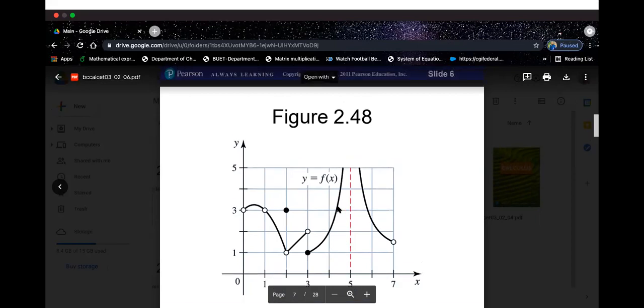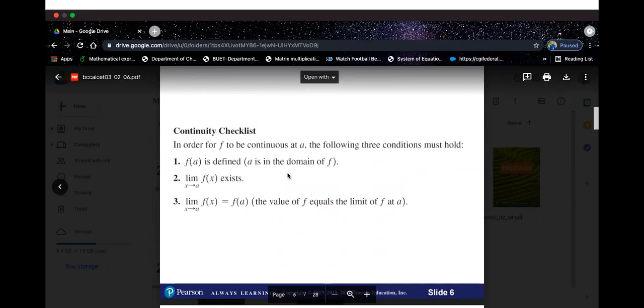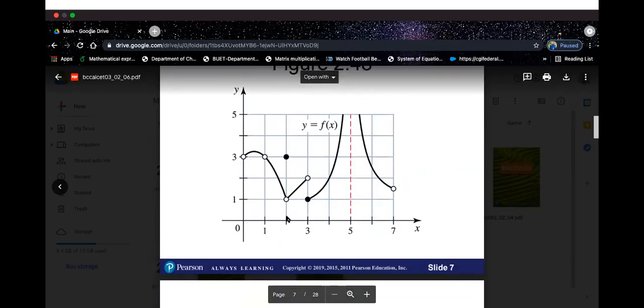First of all, we need to see whether there is a defined value at a. I can see a defined value at x equals 2. Can you see that? There you go. There is a defined value here. Do you agree? Although there is a hole here, at x equals 2, I can see a defined value.